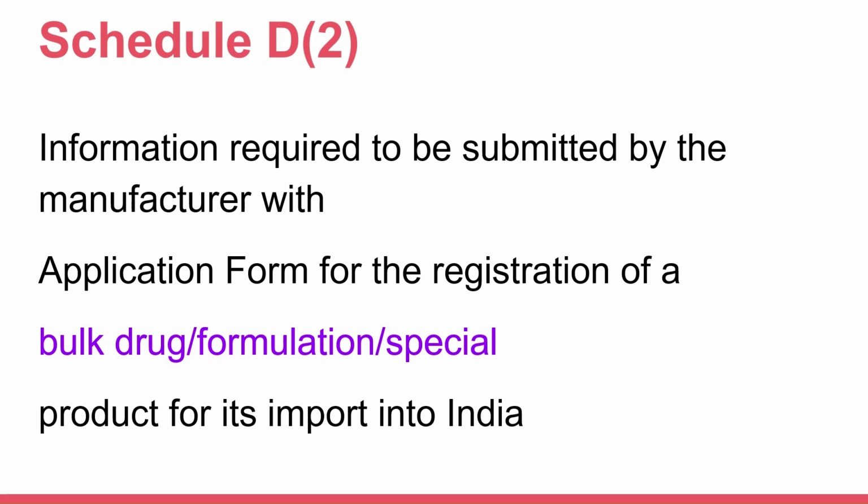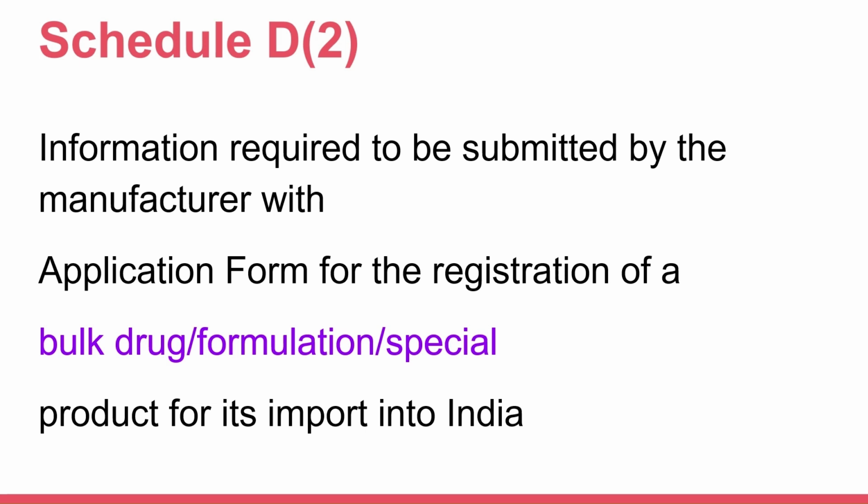So, Schedule D is related to import, out of which Schedule D1 is related to informations to be submitted along with the application, and Schedule D2 is also information that has to be submitted along with the application.